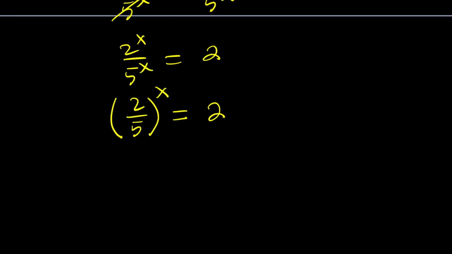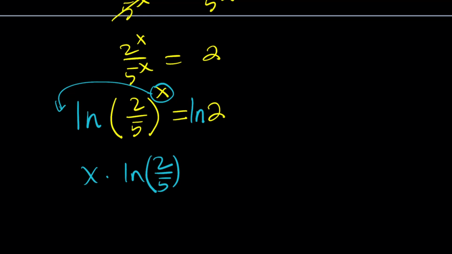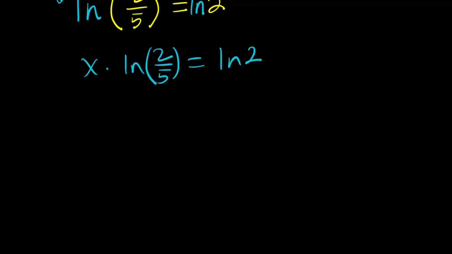And then we're going to use what we just used today, right? Natural logging both sides. You don't have to use natural logs. You can use any logs, but I'm going to use natural logs because they're so natural, healthy, right? So now bring the x to the front. X times ln 2 over 5 equals ln 2. And finally, by division, we can find the x values.